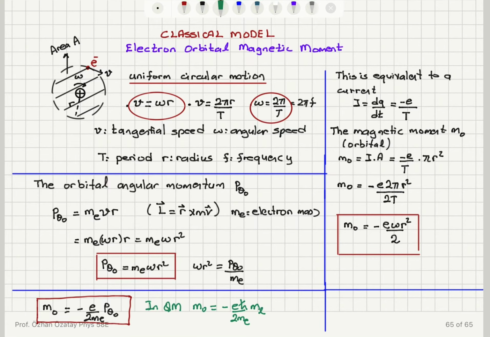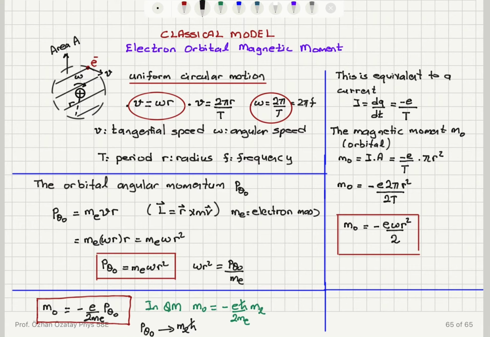And so you can see basically we are replacing the orbital angular momentum p theta with h bar times m sub l. So the classical model orbital angular momentum becomes m sub l h bar. By doing so, you can obtain the quantum mechanical result.